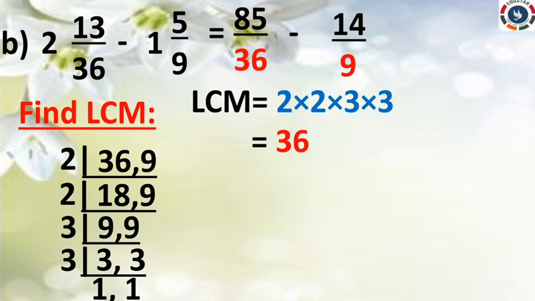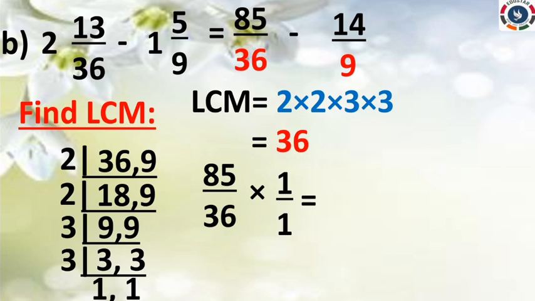Now we want to convert all the denominators into 36. So take and write the first fraction, 85 by 36. So we are having the 36 same. So what do you want to do here? You want to multiply by 1 by 1. So 85 into 1, 85. And then 36 into 1, 36.